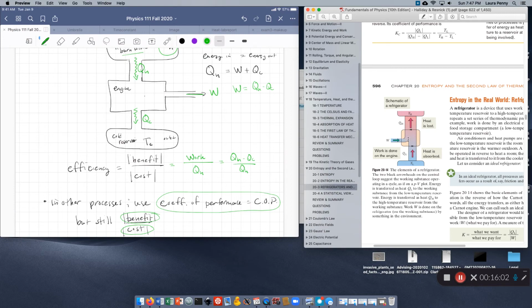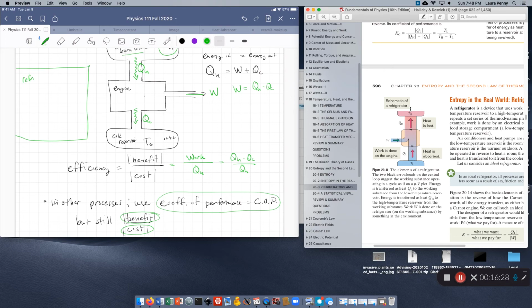You have to get electrical energy to make this happen, so work comes in, and then you dump heat to your hot reservoir, which is the outside, which is your kitchen. So in the case of a refrigerator, your energy in is QC and W, and your energy out is QH.